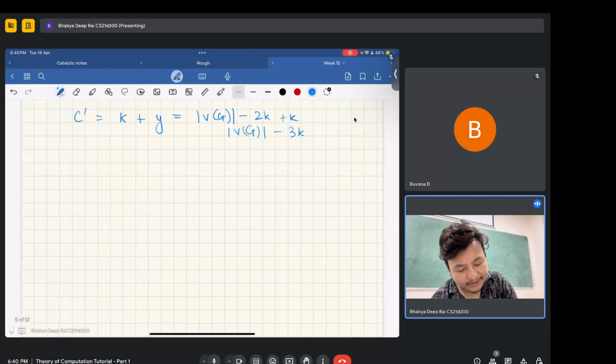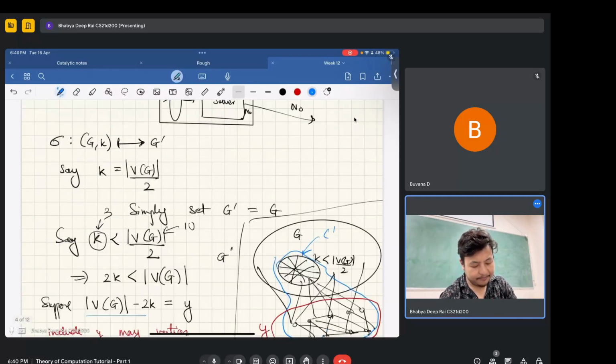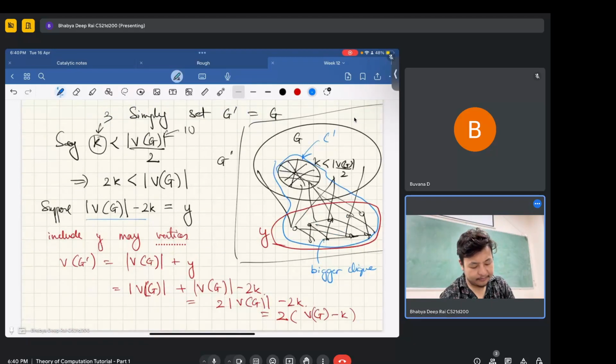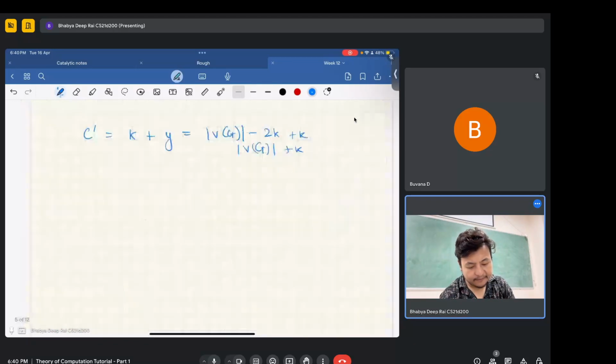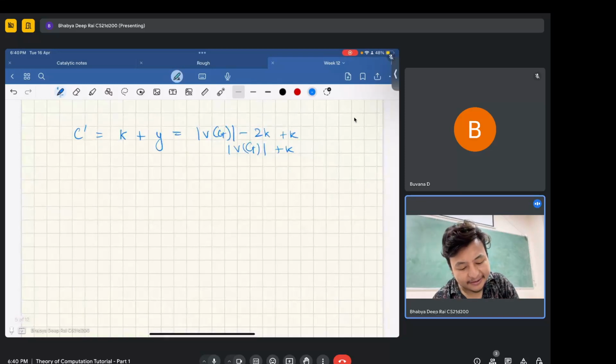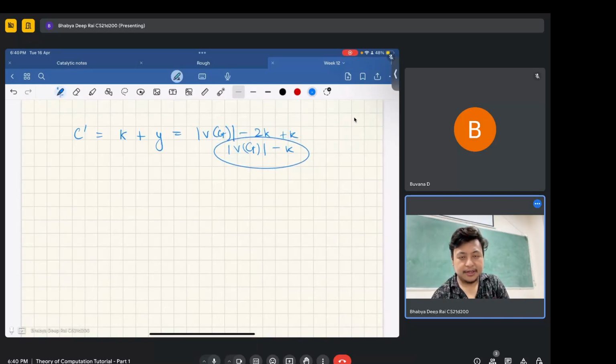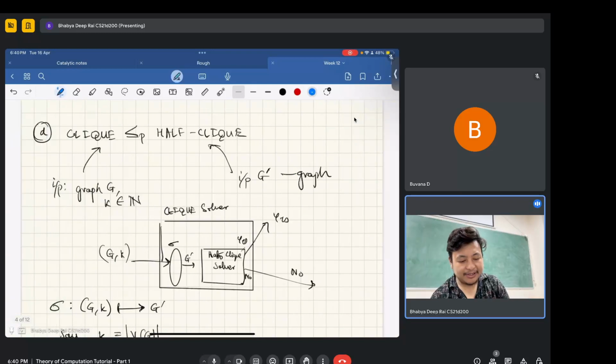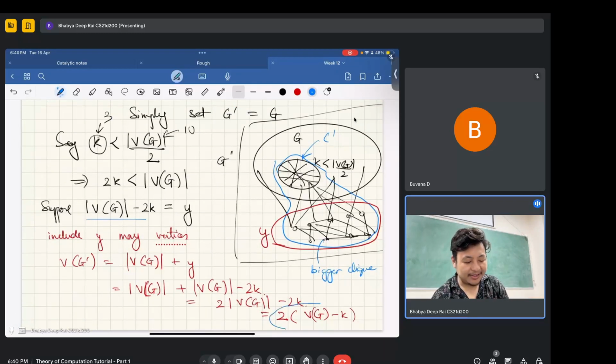Oh, plus K. Oh yeah, that's right. V of G minus K. That's right. So what is the new click size? Number of vertices minus K. And what is the size of the graph we've obtained? Twice the number of vertices in G minus K.